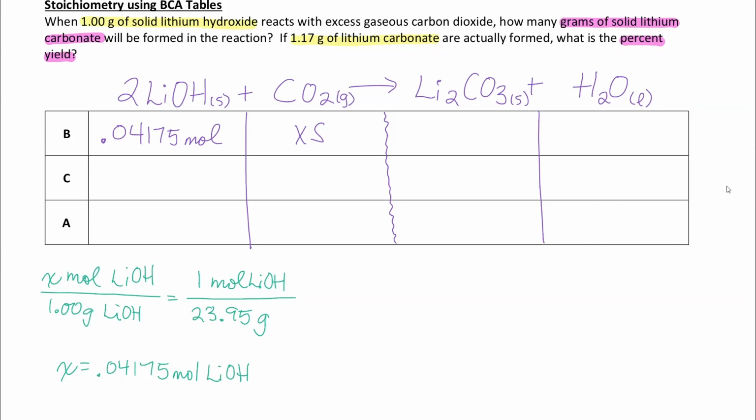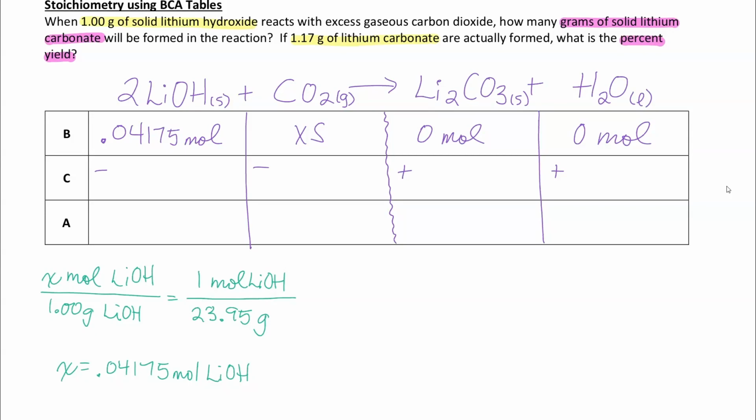How much product do we have to start out with? 0, yeah. No moles. We haven't formed any yet. So 0 moles, 0 moles, which makes it pretty easy for us with the change, right? If we don't have anything to start out with, we have to form it, which means we're going to be adding moles of product and consuming moles of reactants.